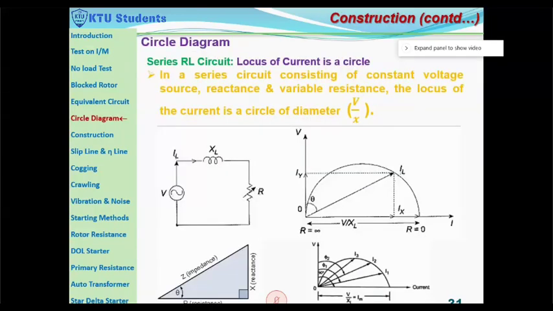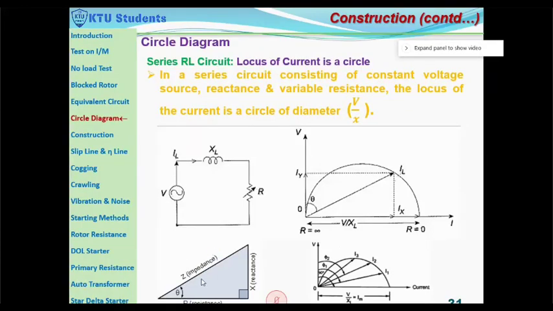Suppose you have a constant voltage source, a reactance, and a variable resistance. The current passing through this will be V divided by Z, where Z is root of R square plus XL square. So IL will be equal to V by Z. If you draw an impedance triangle, the resistance is R, this is XL, and the impedance is root of R square plus XL square.